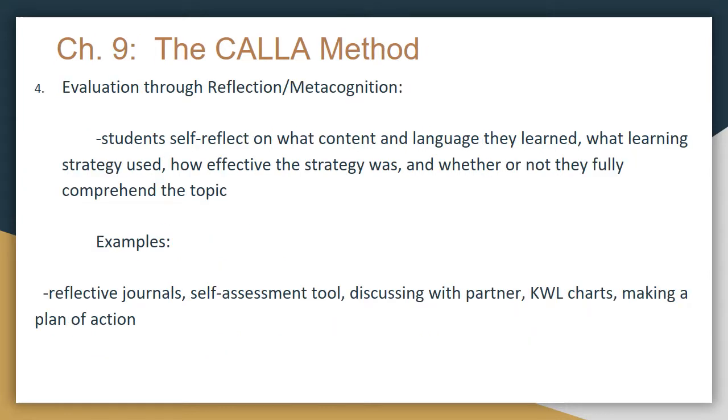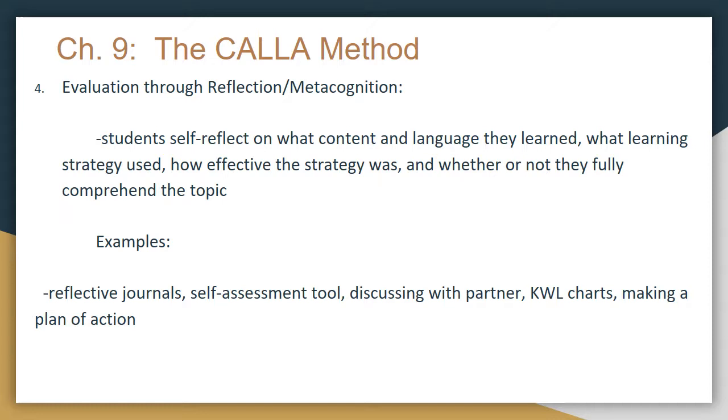The fourth step, similar to what I just said, is evaluation. In this step, students reflect on what they've learned and the effectiveness of the strategy that they used to learn, whether it was metacognitive, cognitive, or social effective strategies. So they would reflect on what strategy they used to learn the material and whether that strategy was effective.